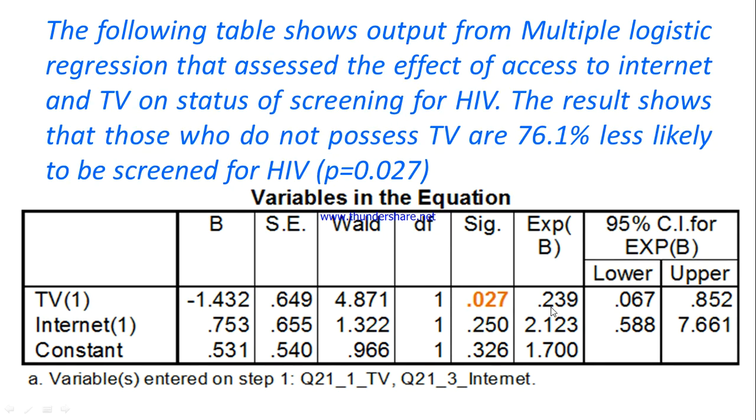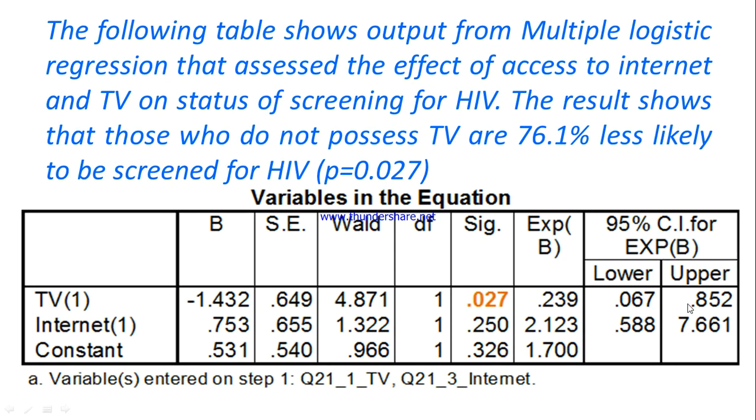This means that people who do not possess television are 76.1% less likely to be tested for HIV/AIDS. Why? Because they don't know the advantage of being tested. Probably they lack some sort of information. As you can see, the 95% confidence interval does not include one.